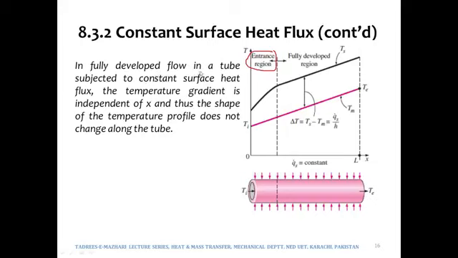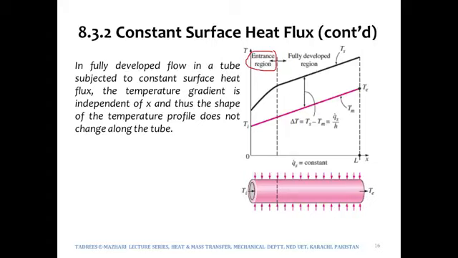So in fully developed flow in a tube subjected to a constant surface heat flux condition, the temperature gradient would therefore be independent of x, and thus the shape of the temperature profile does not change along the length of the tube. So its shape would become constant. However, the values of Tm and Ts would keep on changing.